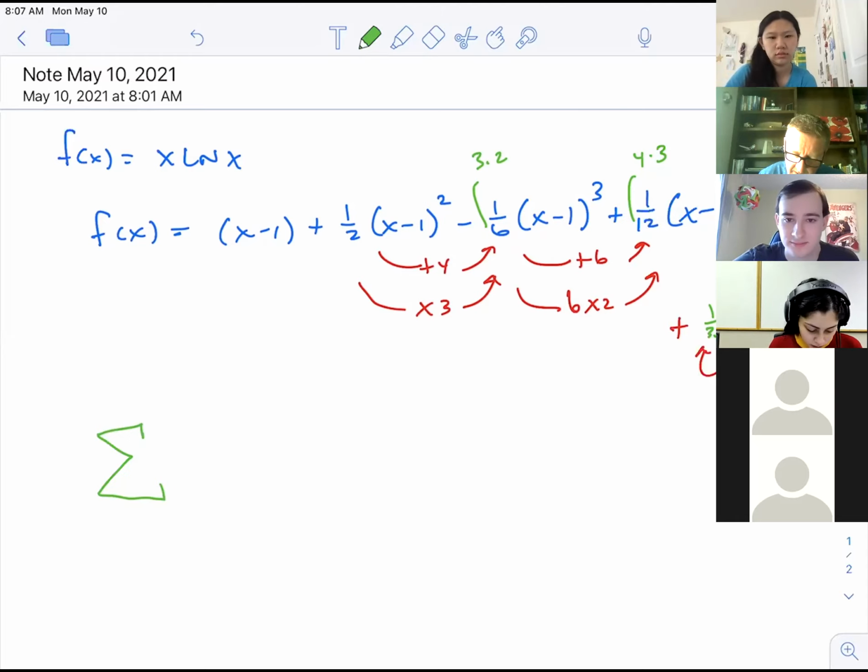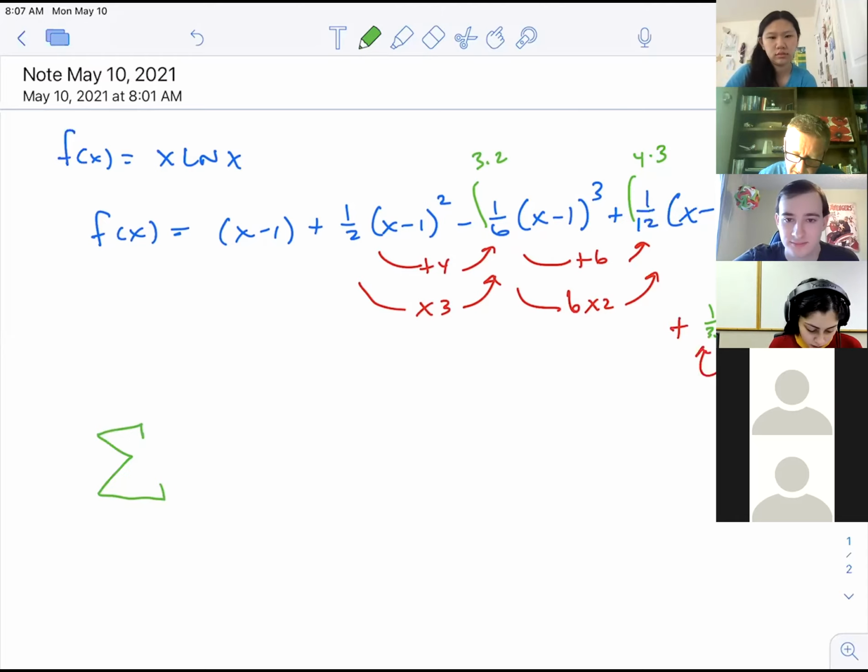So we started at 2, and we can't go to infinity, so I'll just go to 4 for now. And then we have parenthesis -1 raised to the n power, divided by n times n minus 1.